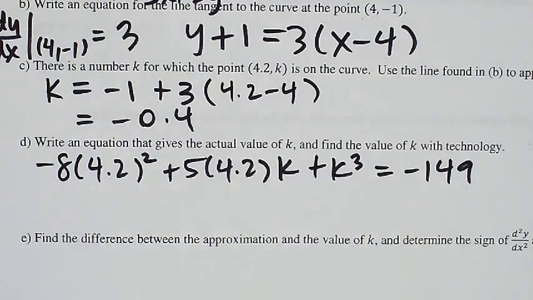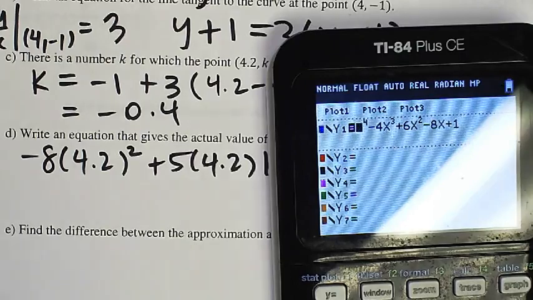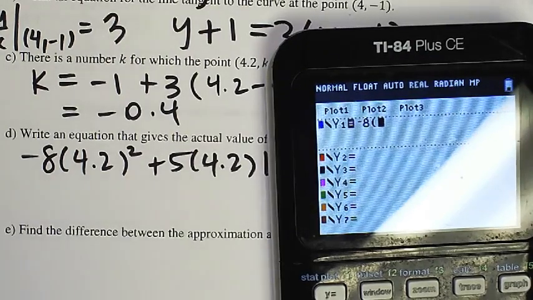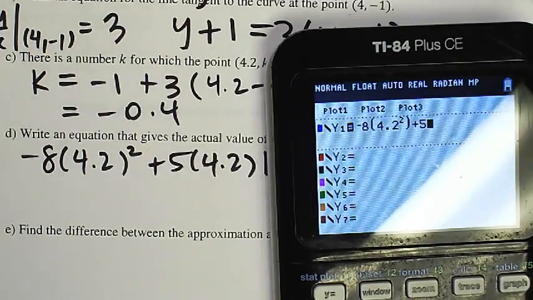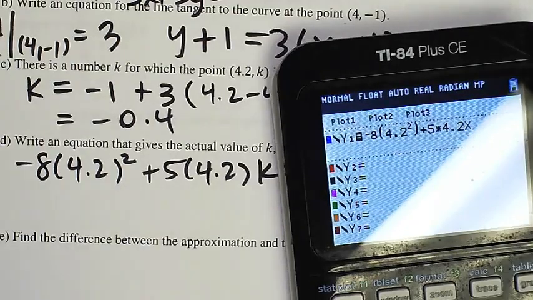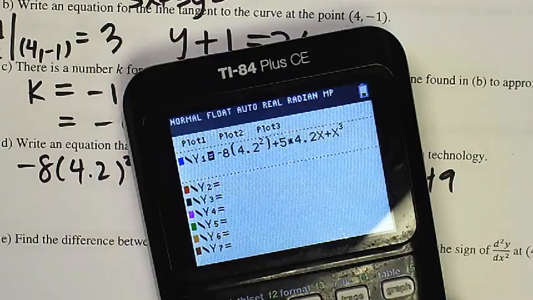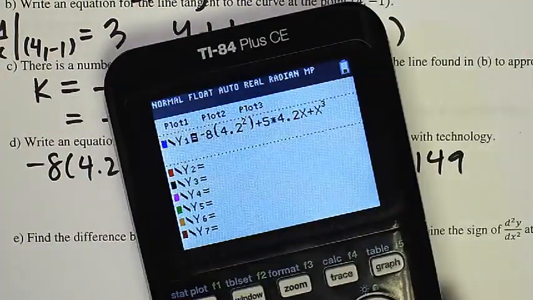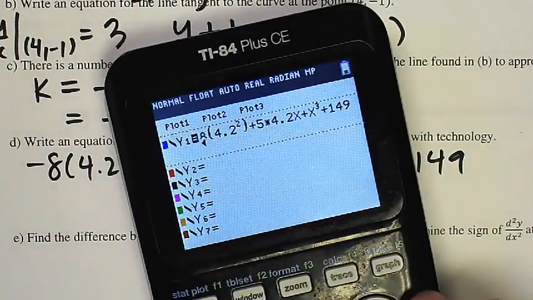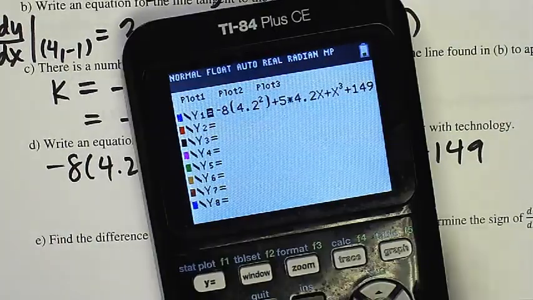Okay. I'll use x for k, and I'll add 149 to both sides to hopefully find a 0 that is near negative 0.4, okay?